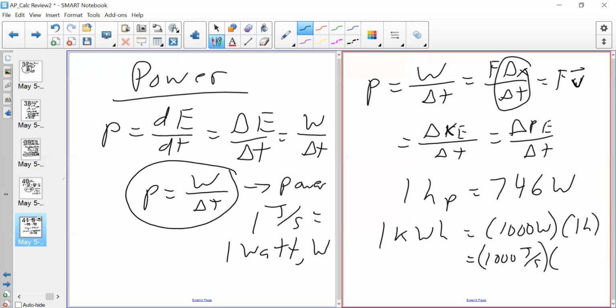And we have 1 hour, 3,600 seconds. So that proves to you this kilowatt hour that the electric company reads is a unit of energy. It's not a unit of power.